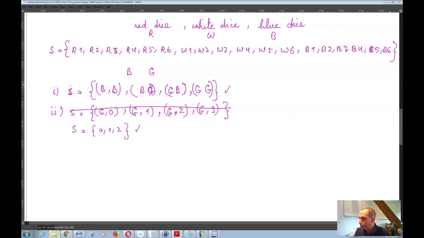And then question number 9 is, a box contains 1 red and 3 identical white balls.